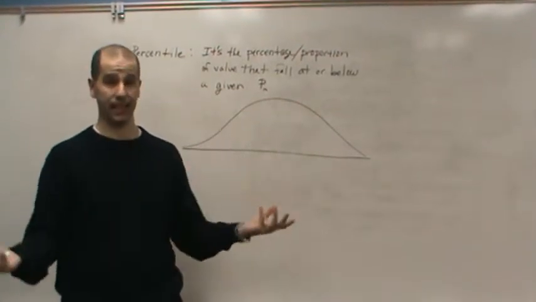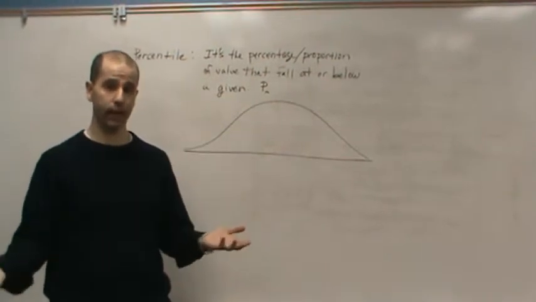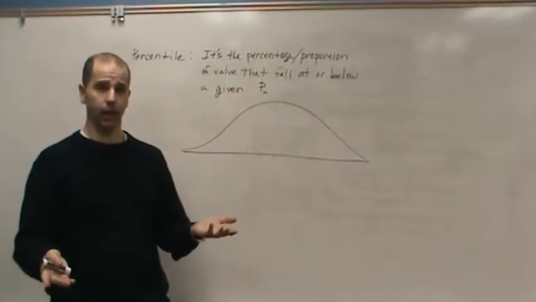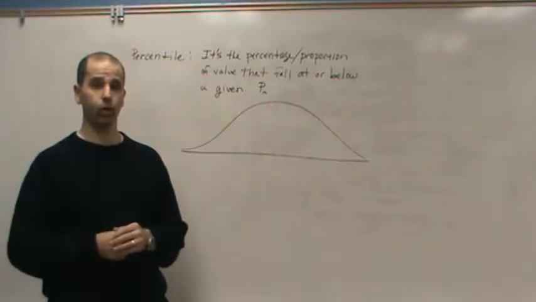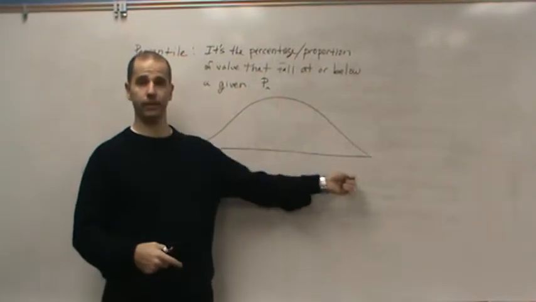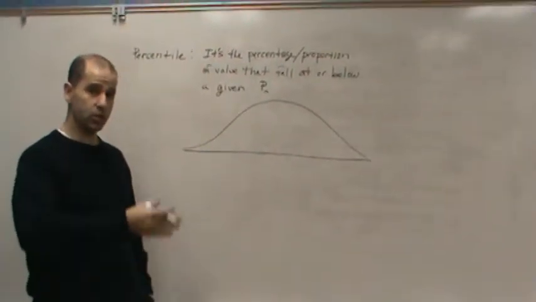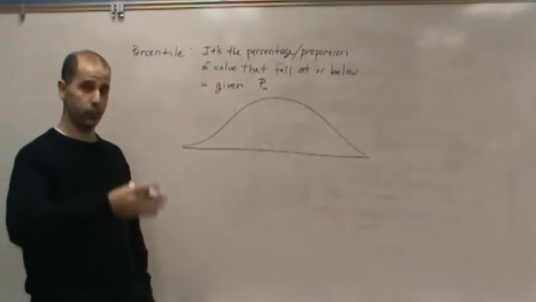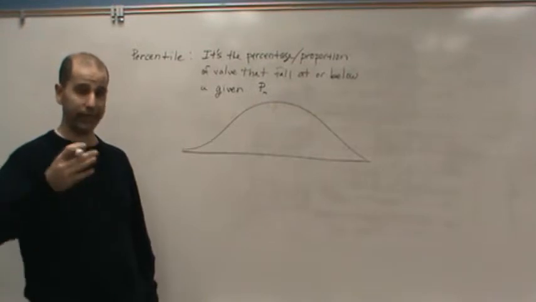It could be a data set. If I take a data set and order it from smallest to greatest, then I can partition it into 100 equal pieces. That's what I'm doing here with this curve. A percentile means I'm partitioning the data, cutting the distribution, the curve, into 100 equal pieces.